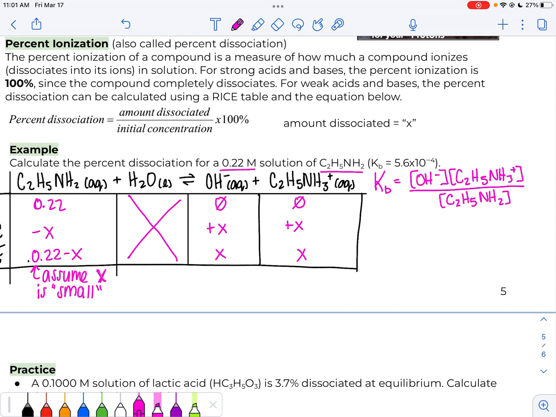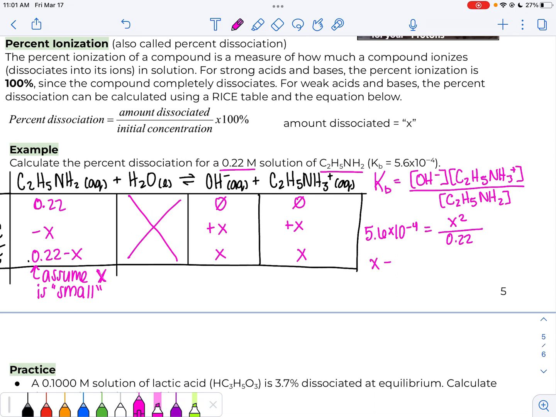The concentrations of our conjugate acid and hydroxide are both X. So Kb, which we're given as 5.6 times 10 to the negative fourth, is equal to X squared over the concentration of our original base, which, since X is so small it's negligible, is essentially equal to 0.22.